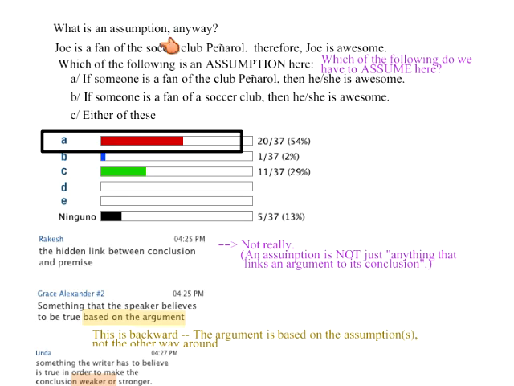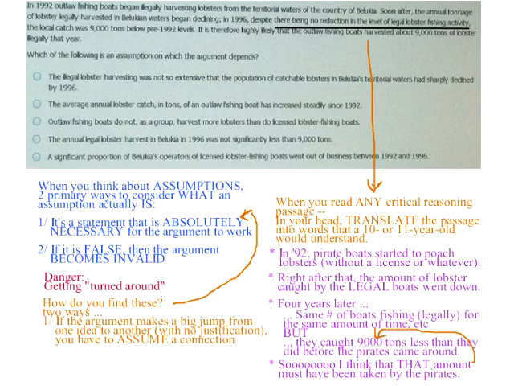That's what we did here. We suddenly jumped from Joe and the fan opinion, "oh, dude, Joe is awesome." That's kind of a big jump. If you're a fan of his team, it's not that big of a jump. But we needed an assumption to get us from here to there. Point A, point B, whoa, how did you get there, kind of thing. So that's one way to do that.